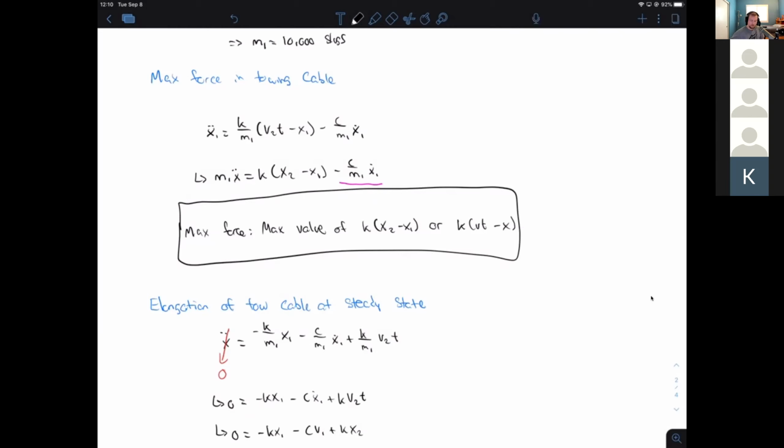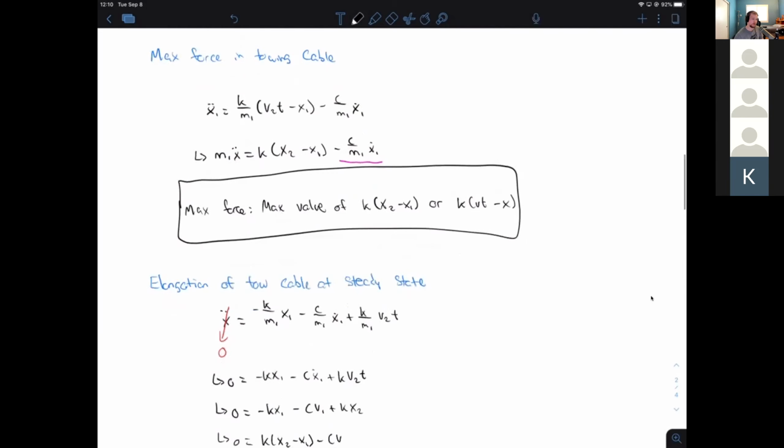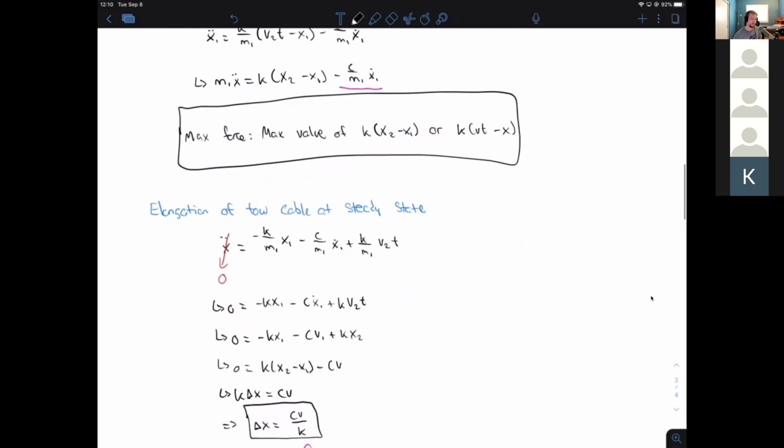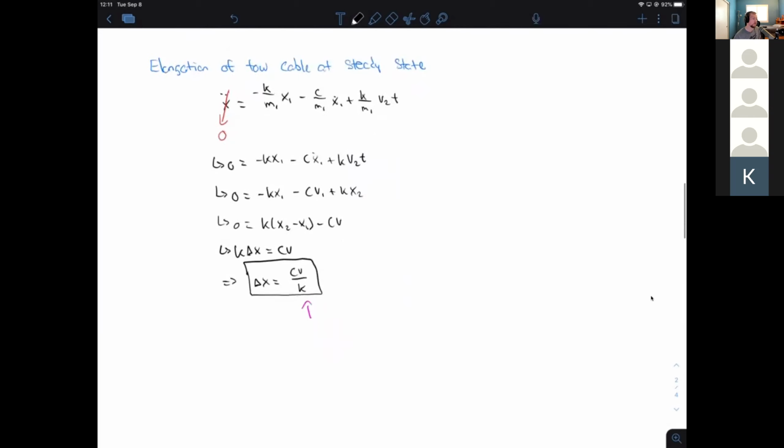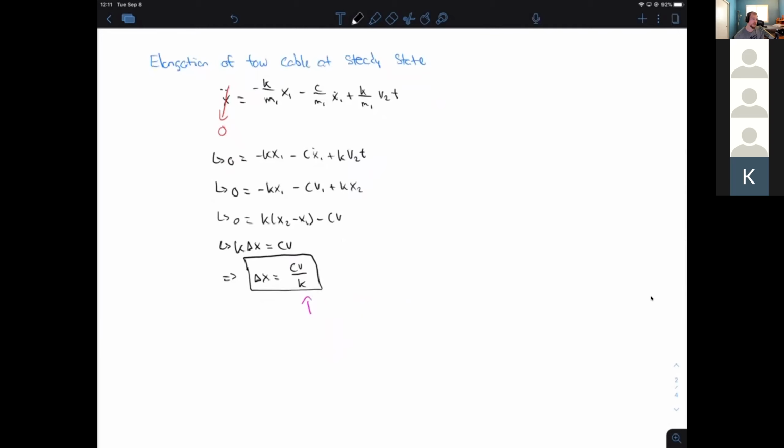And then after that, we have the elongation of the towing cable. For that, we just solved for it. So we have two different methods to solve for it. It's going to be the same at steady state, but in that transient phase, it's going to be a little bit different. And we'll discuss why that's different next week once we actually make the model. And then the third question we have is the maximum velocity of the submarine and when it occurs.